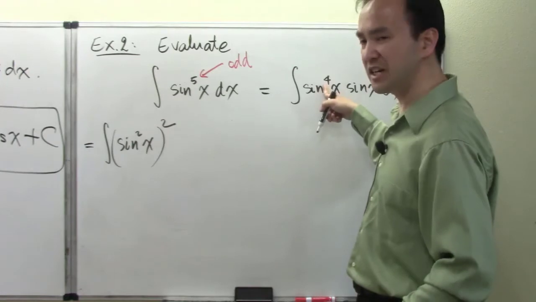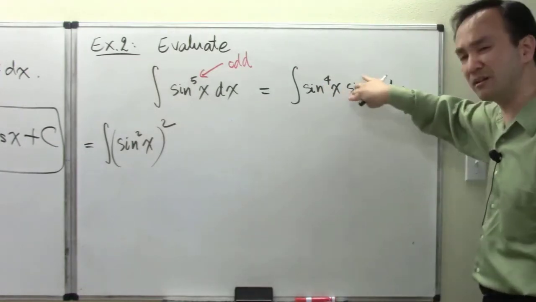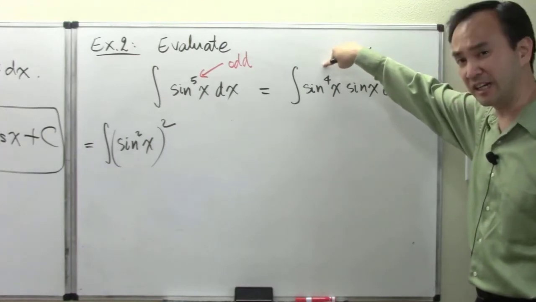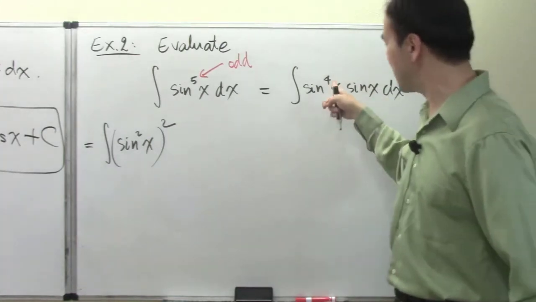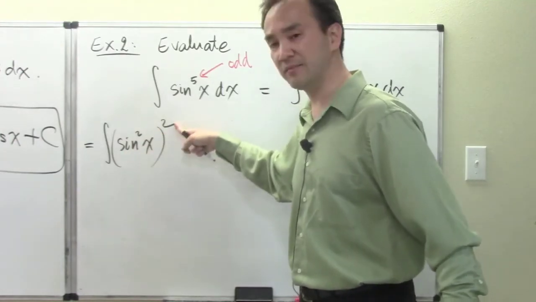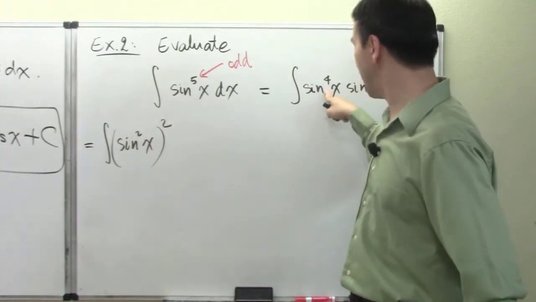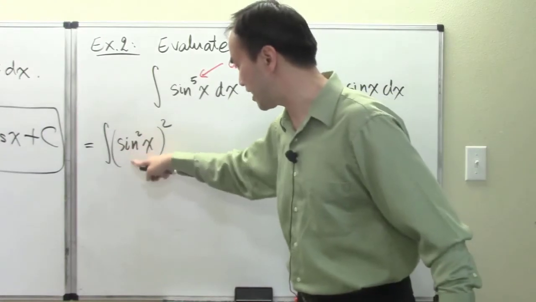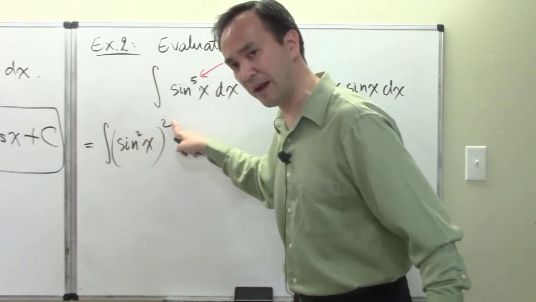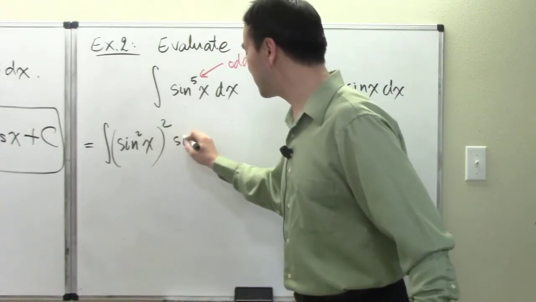If it's an 8, after separating out, we will always end up with an even power. I'm going to purposely see that even power as a square, raised to some other power. Here, because it's power 4, I'm seeing that as sine squared, raised to the power 2. And then the other sine is out here.